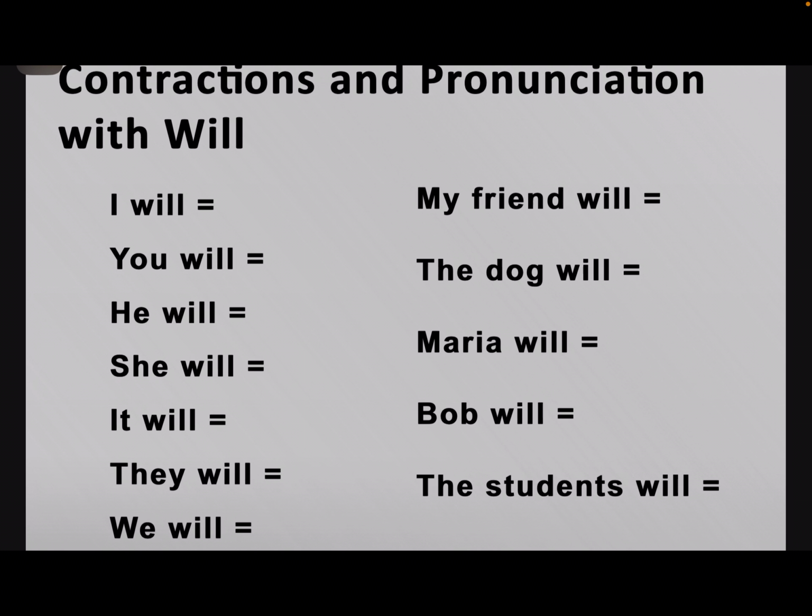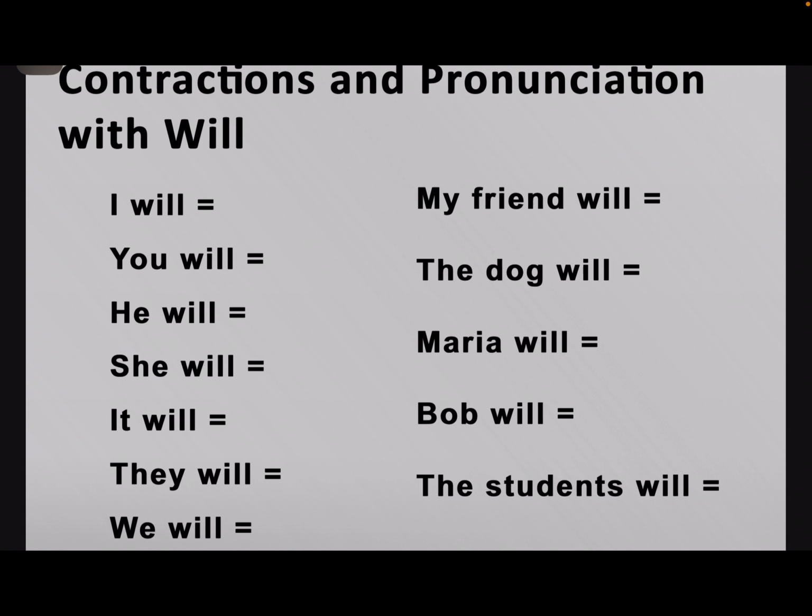And they will equals they'll. Try to pronounce after me, maybe it'll help make it easier. They'll, T-H-E-Y apostrophe L-L. And then we will equals we'll, W-E apostrophe L-L. And pronunciation: my friend will, the dog will, Maria will, Bob will, the students will.